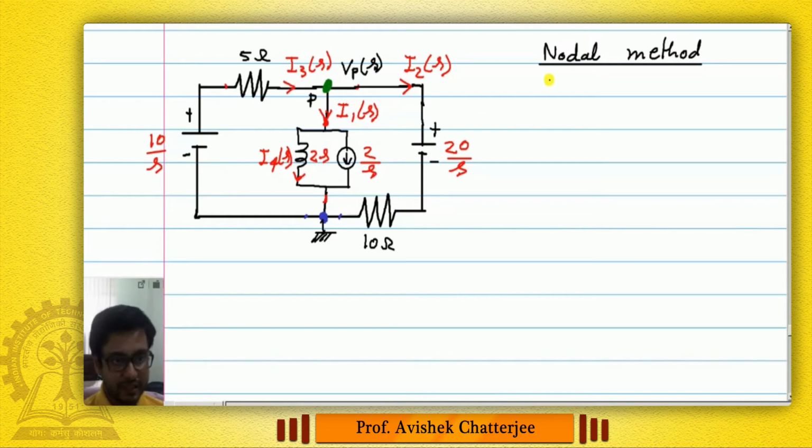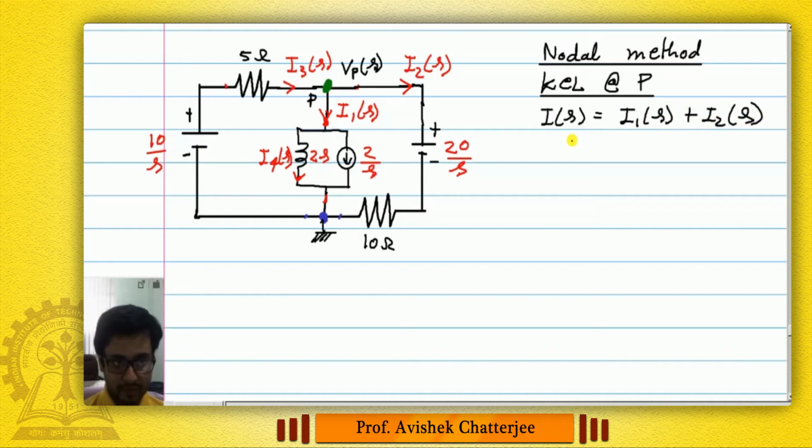Then let me write the KCL equation at node P. I can write I3S equal to I1 plus I2S, and we already know that the relation between the Laplace transforms of currents entering or leaving a node looks exactly similar to the normal KCL equation.